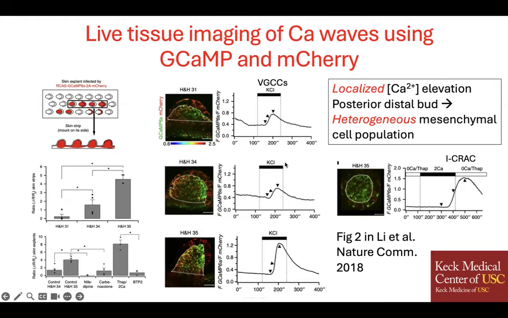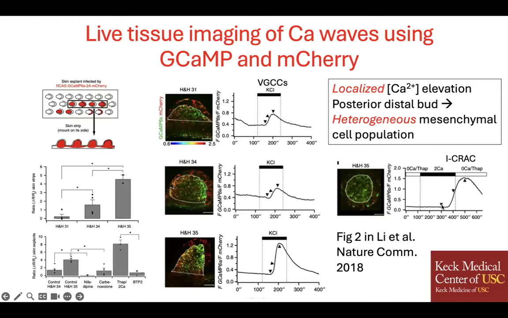One other experiment I want to highlight is some imaging evidence for I CRAC. So that's that calcium release activated channel. And in this experiment, the ratio of the green to red fluorescence is plotted versus time. And the cells are exposed first to a zero calcium medium with thapsigargin, and that serves to empty out intracellular calcium stores. Then the external medium is replaced with a high calcium medium, or actually normal calcium.